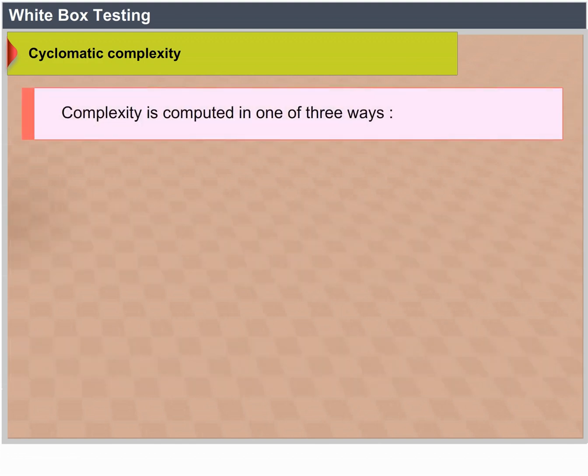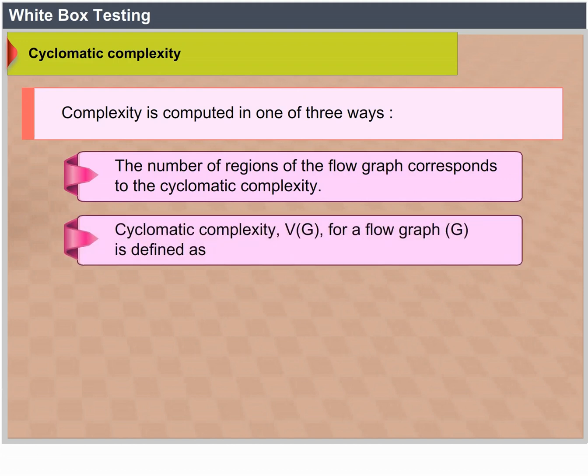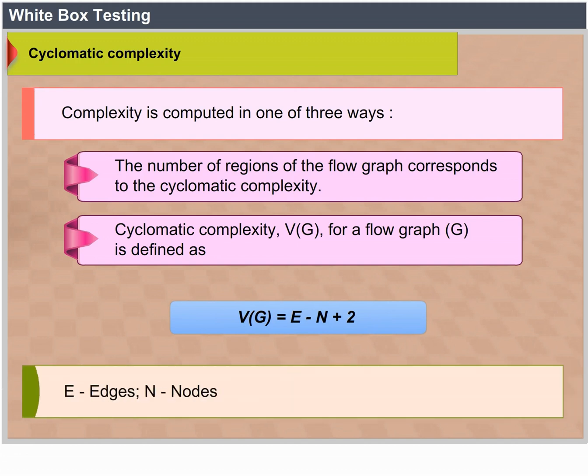Complexity is computed in one of three ways. The number of regions of the flow graph corresponds to the cyclomatic complexity. Cyclomatic complexity, V(G), for a flow graph G is defined as V(G) = E - N + 2, where E stands for edges and N for nodes.